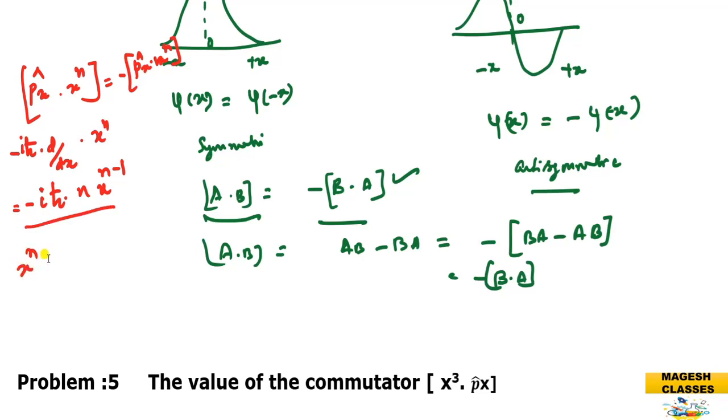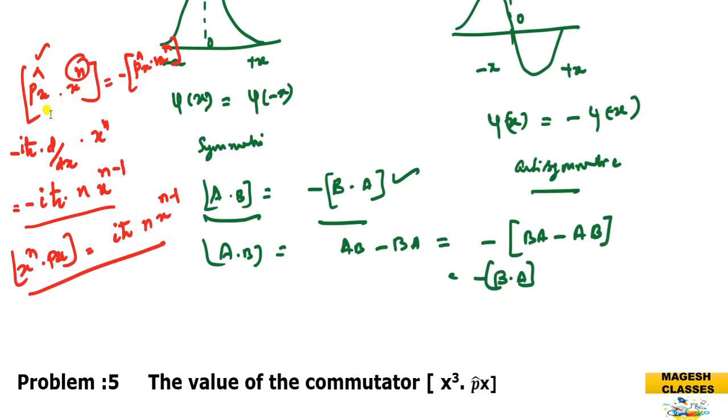The x power n, Px. Now the position is reversed. What do you get? It will be plus n x power n minus 1. Here one relation. Momentum operator x is in the power on this direction, and when the direction is reversed, the sign is also reversed. Here minus and it is plus.